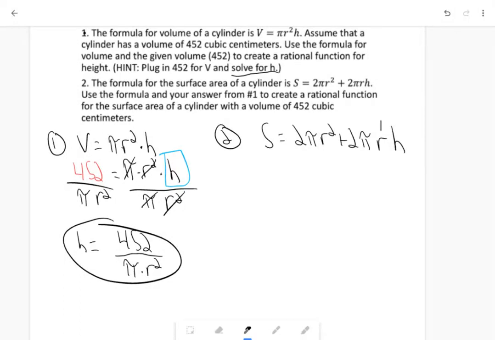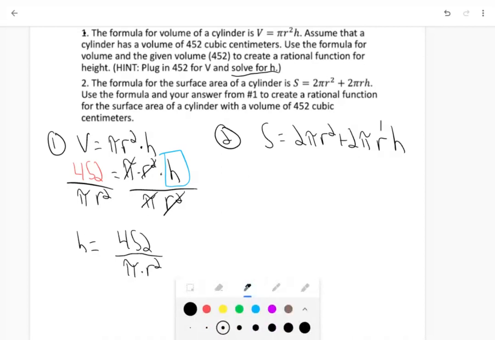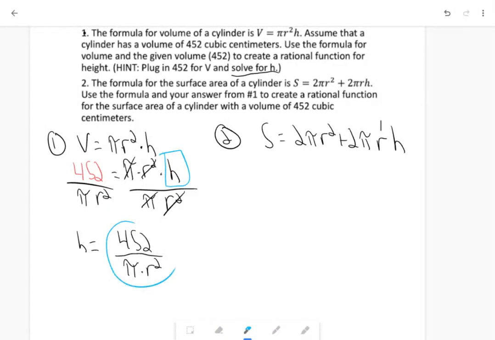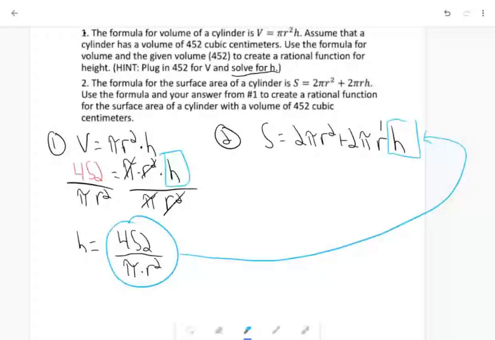Use the formula and your answer from number 1 to create a rational function for the surface area of a cylinder with a volume of 452 cubic centimeters. So the key is we're going to use h equals 452 divided by pi r squared. I have this expression for height, and I have a height in the formula up here. So literally what I'm going to do is replace h with what I got from number 1.